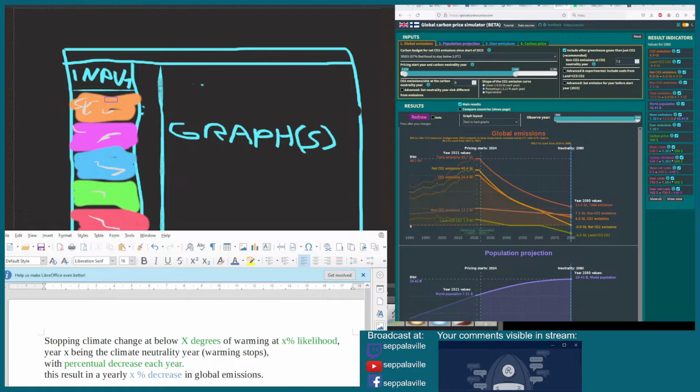And maybe the idea is that if you go to one of these tabs, it would jump to that graph. So if you go to this global emissions tab on the left, it would open that graph.